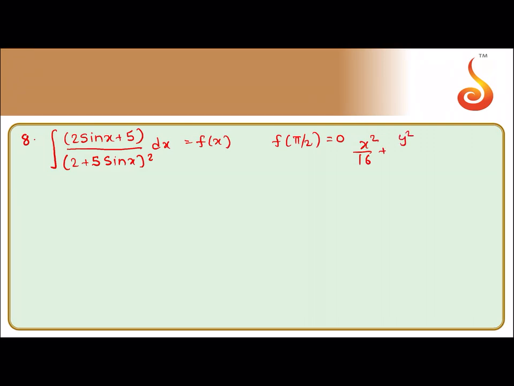F of pi by 2 is equal to 0. x square by 16 plus y square by mod f of 0 whole square equal to 1. Find eccentricity of ellipse.